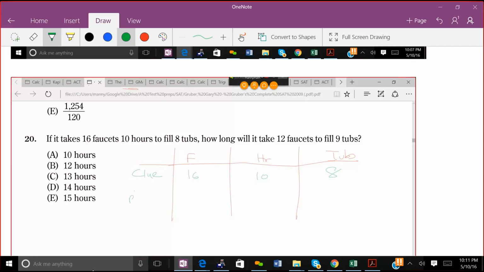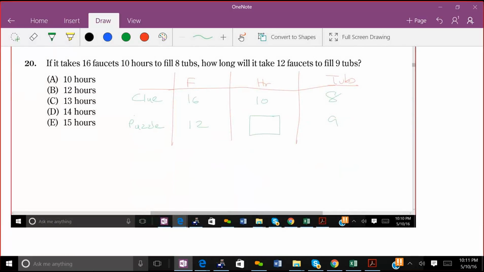The puzzle is 12 faucets, 9 tubs, and unknown hours, right? Now, this has gone down, this has gone up. So how do you find out how many hours it will take?